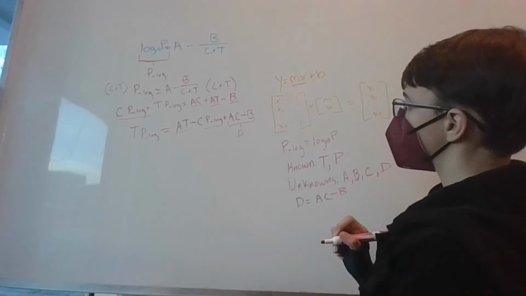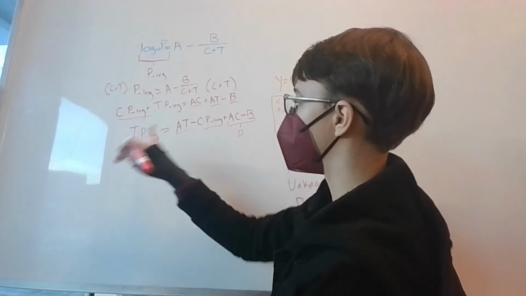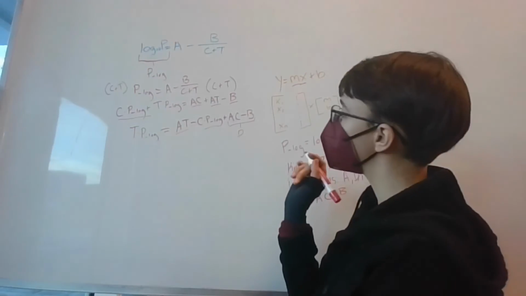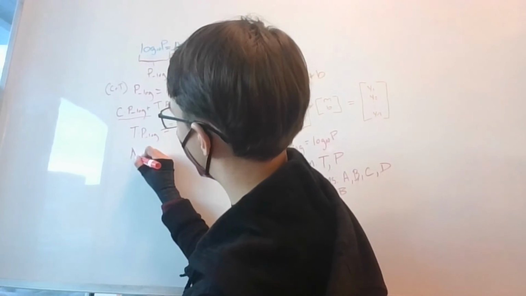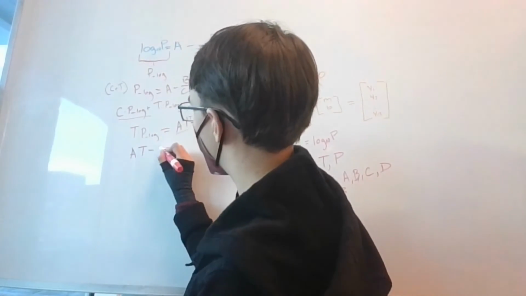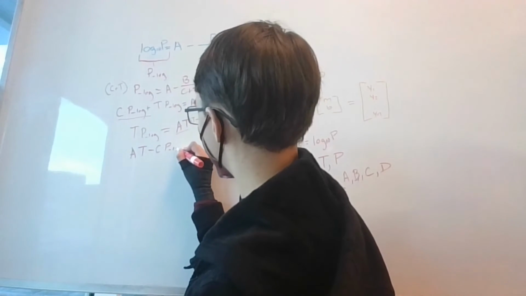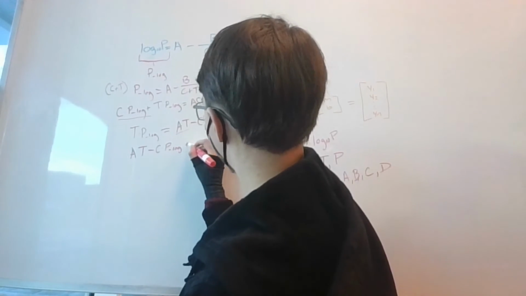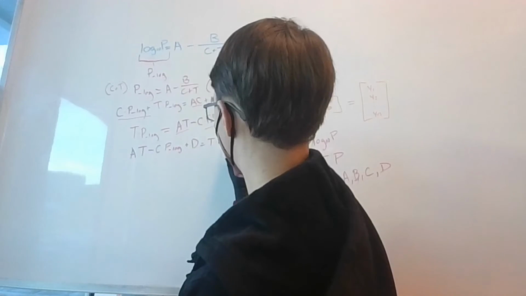Okay. So then I'm going to rewrite that, and I'm going to flip the sides so that it matches up with the matrix that we're going to make. So we're going to put this side on this side of the equation. So AT minus C times the log of the pressure plus D is equal to temperature times the log of the pressure.